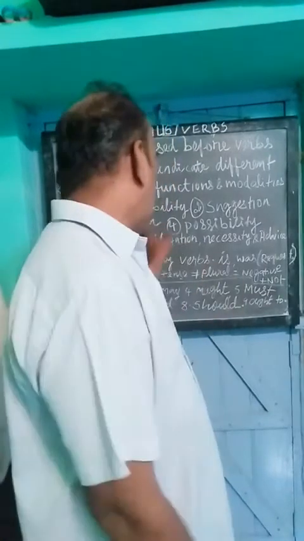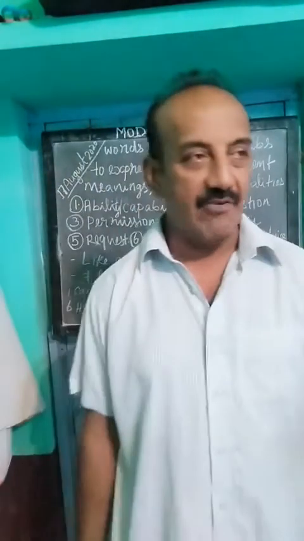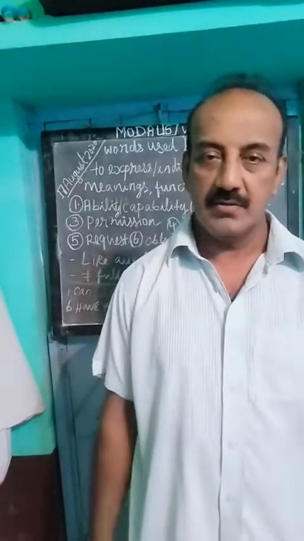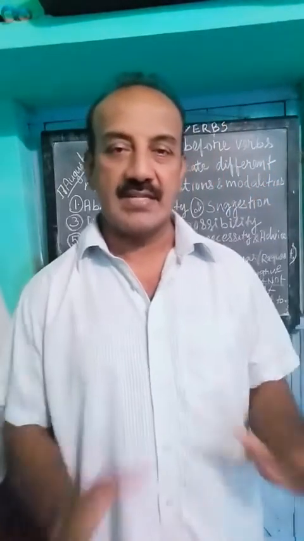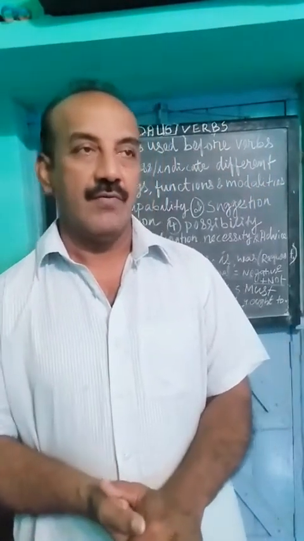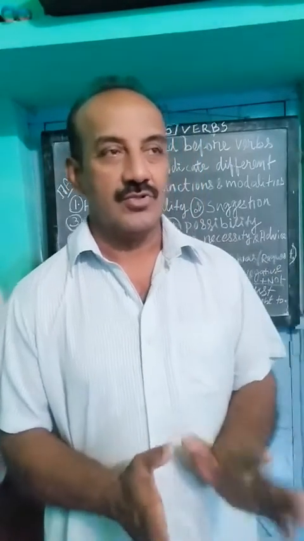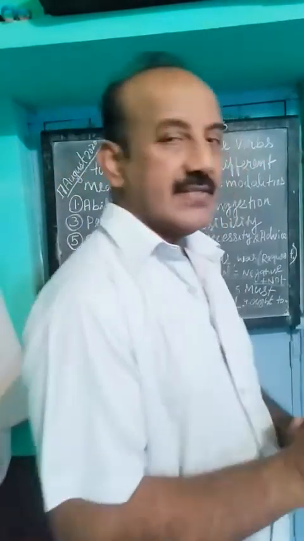If you use the word permit, or give permission, you can use it, but there is not much variation. So when I say you may go, I give you permission, you may go, may not go. Option is given. When I say you must go, it's an obligation. So that's a change.